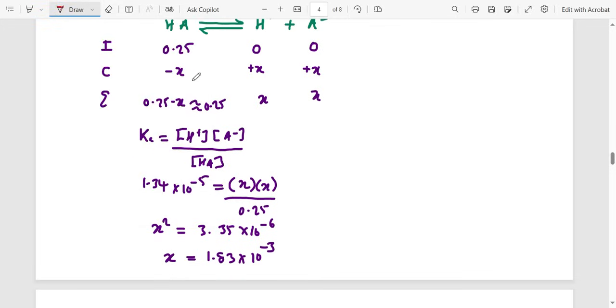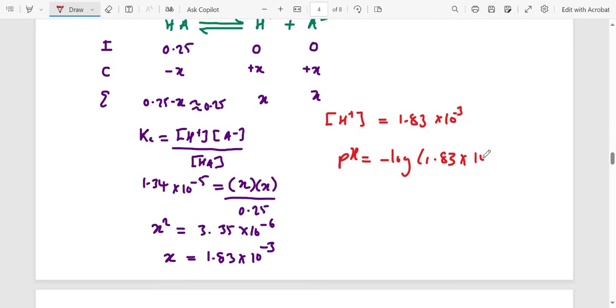So now that we know the concentration of hydrogen, which is 1.83 times 10 to the power negative 3, the pH therefore is going to be negative log of 1.83 times 10 to the power negative 3, and this is going to give us 2.74. So that is that.